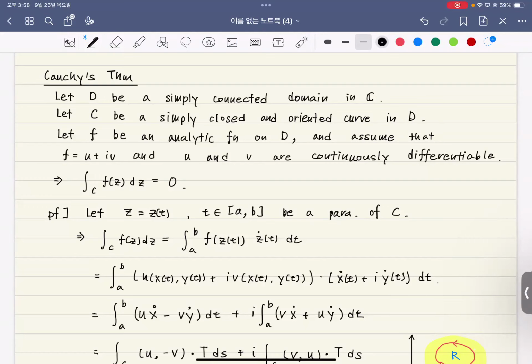Therefore, you can convince yourself this is true for possibly non-simply closed curves, and that implies your function has an anti-derivative over it.